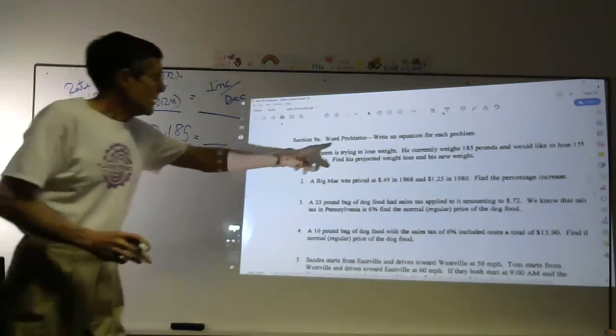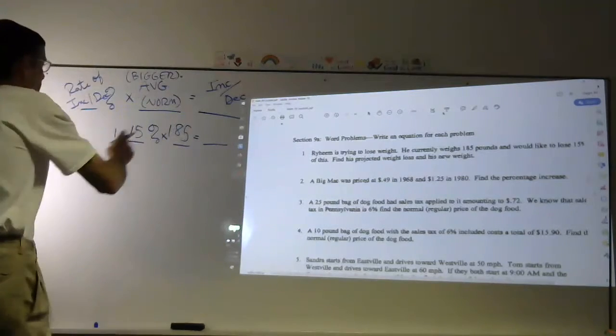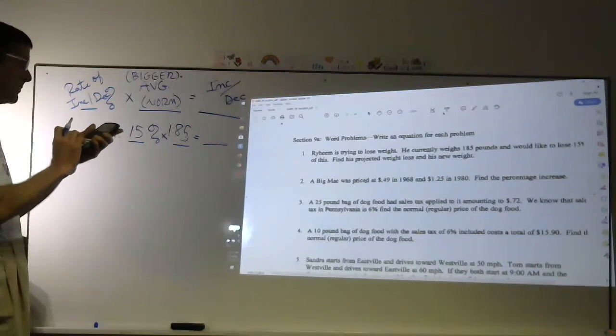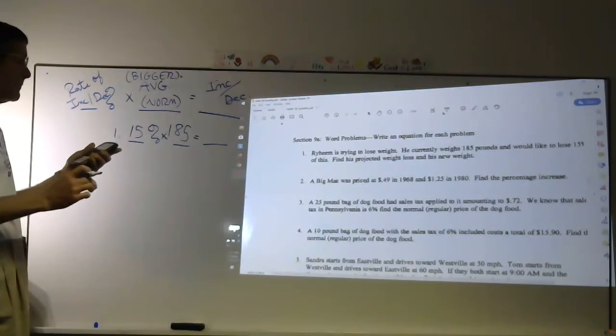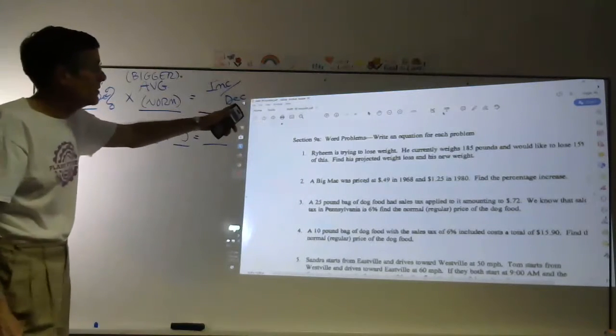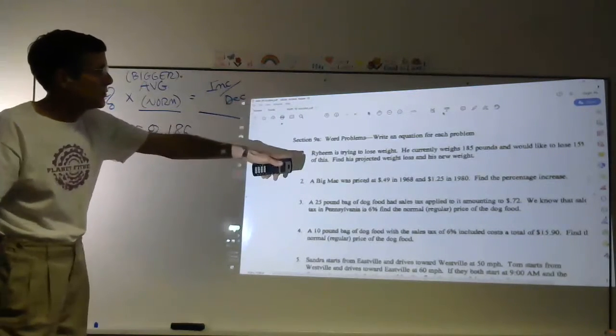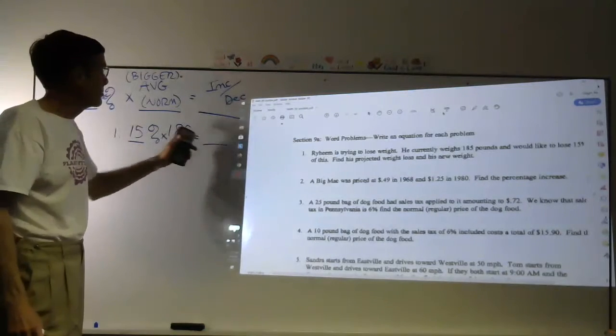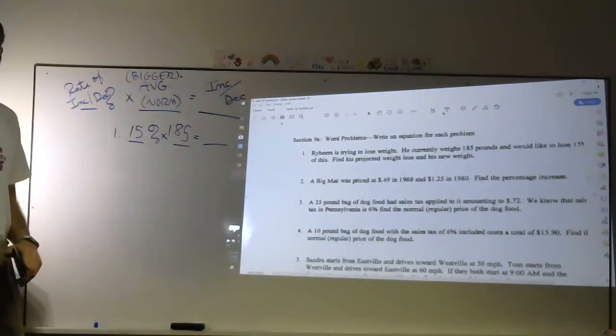Let's find the projected weight loss. 0.15 times 185, I get 27.75 pounds. That is his decrease in weight. That's what he's trying to lose. To find his new weight, you would have to subtract that from 185.